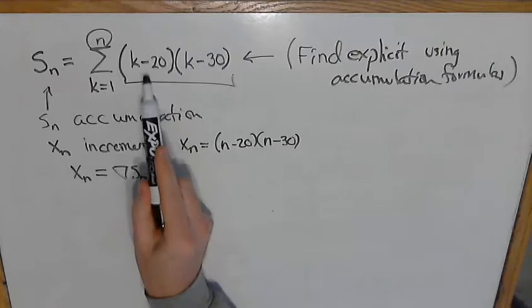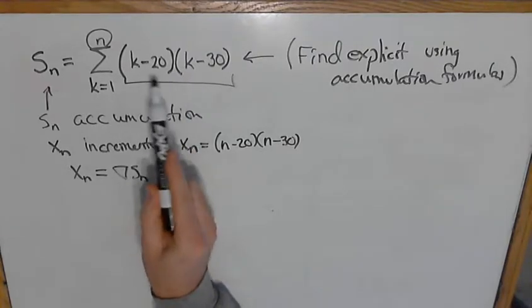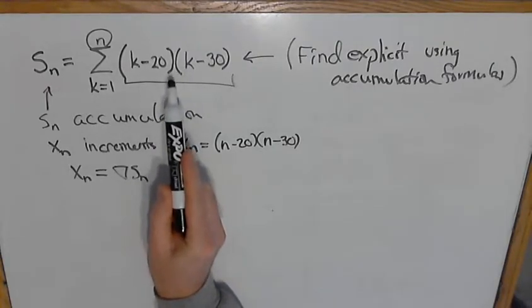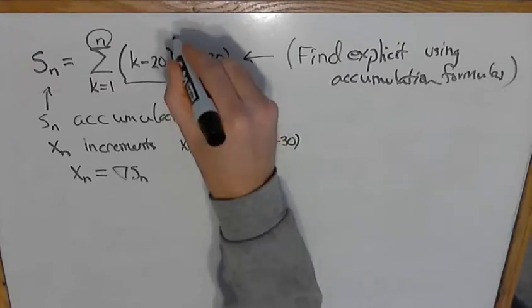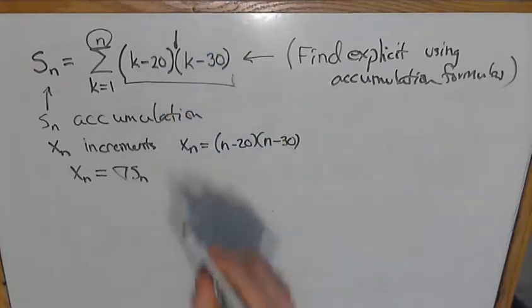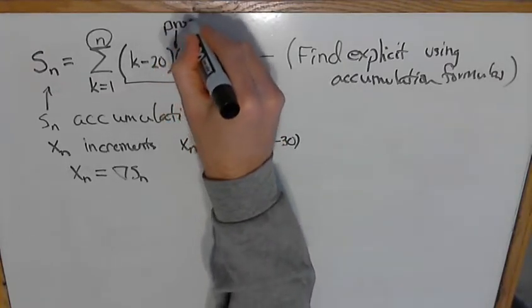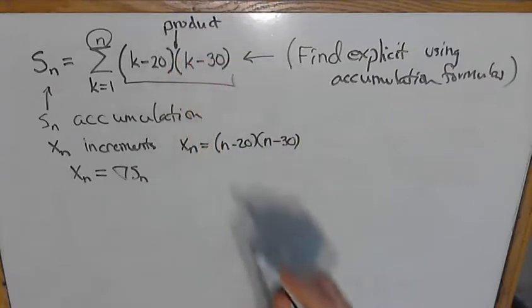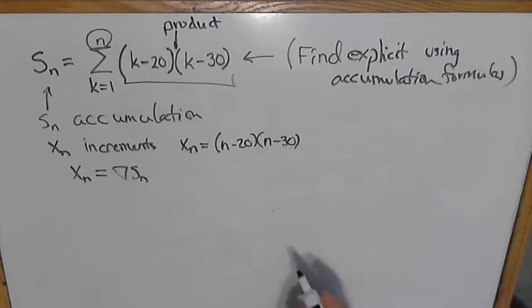Now, I could actually do that. Now, an important point, notice that this formula right now is a product. Summation does not split over a product, and so I would need to expand that.